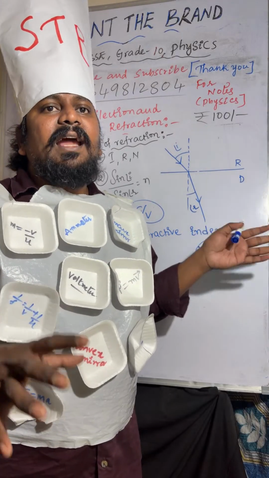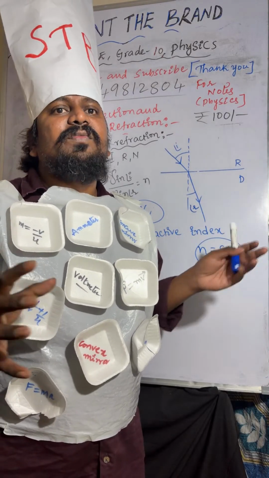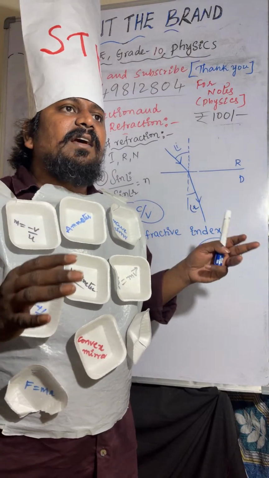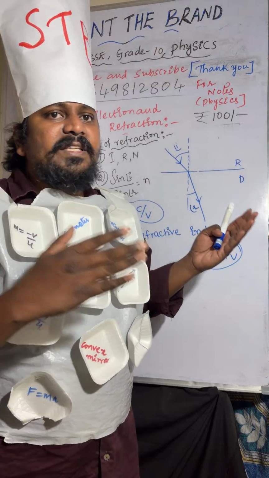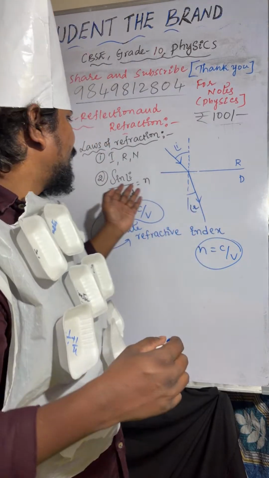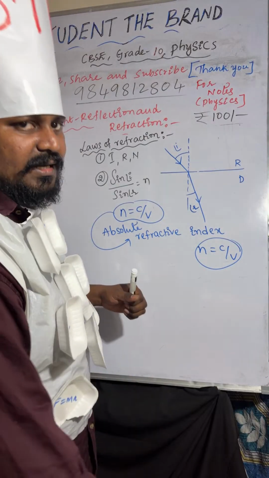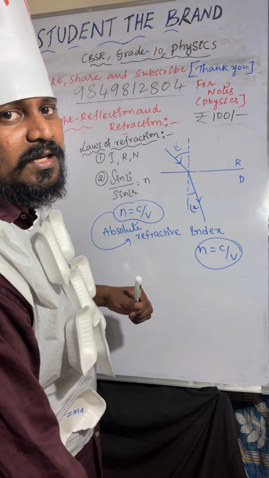Coming to relative refractive index: it is the speed of light in medium 1 divided by the speed of light in medium 2. From this we can conclude that the refractive index n is inversely proportional to velocity.